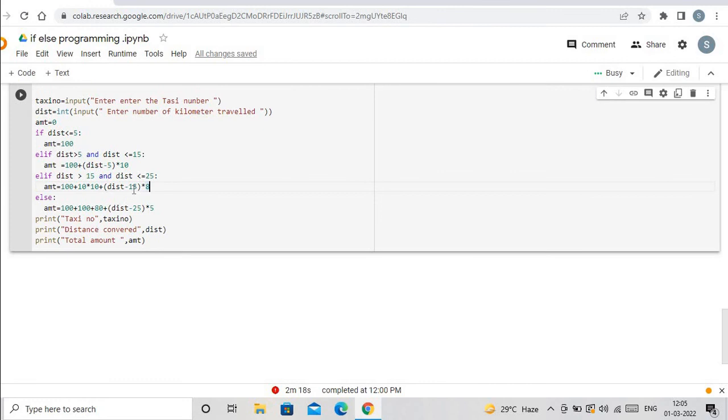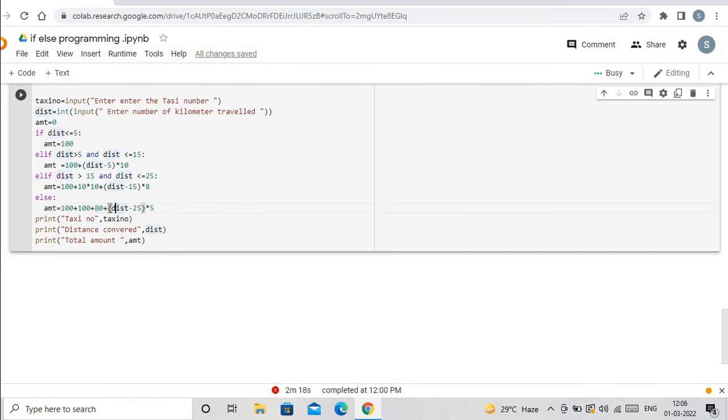Last one is, if we have traveled more than 15 kilometers, then first 5 kilometers के लिए 100 rupees, next 10 kilometers के लिए 100 rupees. This is up to 15 kilometers, and this is up to 25 kilometers. From 15 to 25, how much money you have to pay? 8 rupees per kilometer. So 10 into 8.